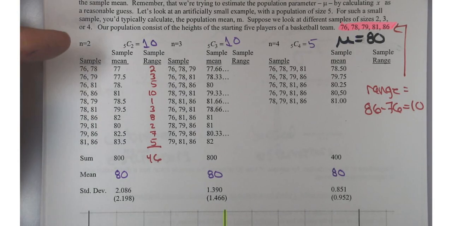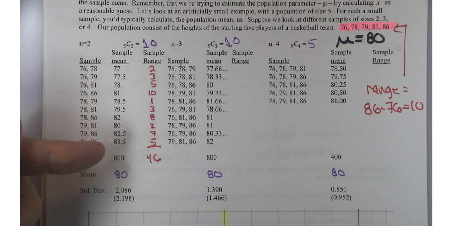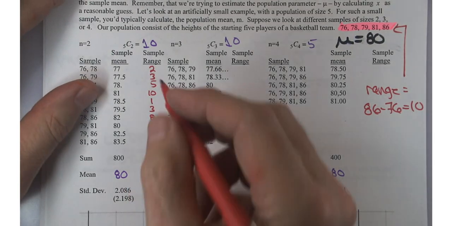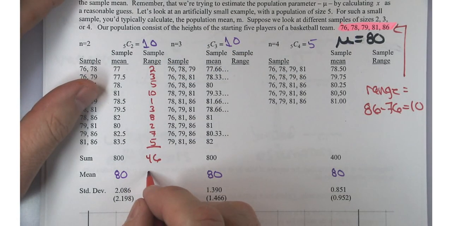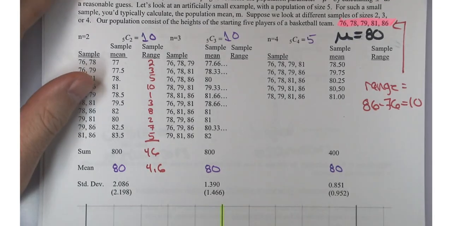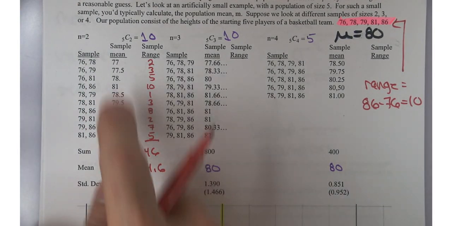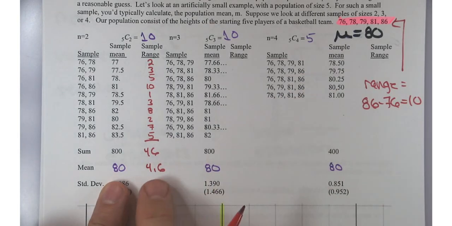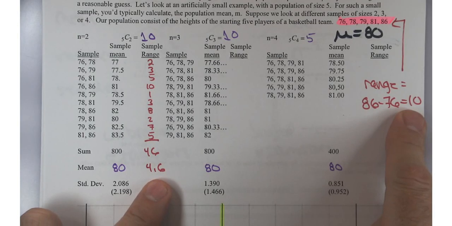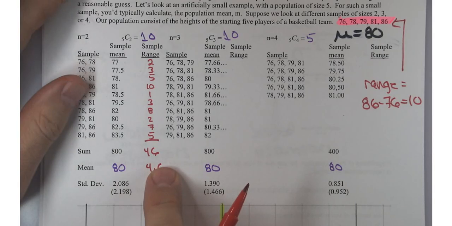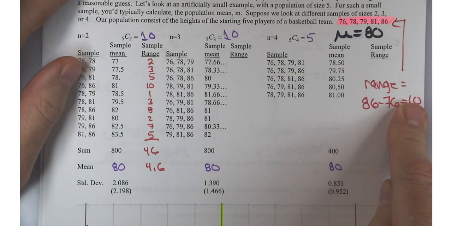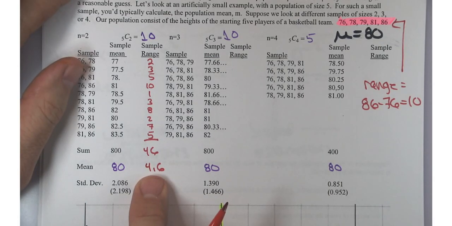If there are 10 observations in this, what's the average sample range? 4.6. Now when we're dealing with the mean, the average value of the mean was 80. Does the average value of the sample range equal 10? No, not even close. So the sample range is what's called a biased estimator of the actual range. This is always going to be lower than this.